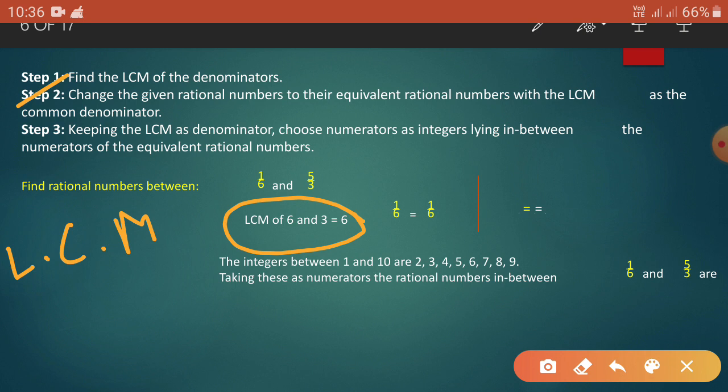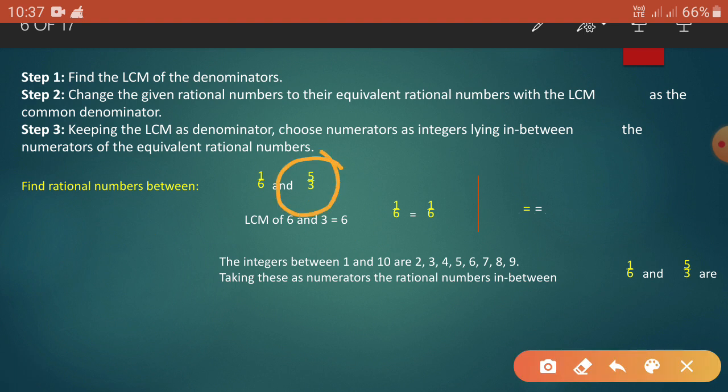Now the second step is to change the given rational numbers to their equivalent rational numbers with the LCM as common denominator. The first one is 1 by 6. Here the denominator is 6, which is equal to the LCM. But in the other rational number, 5 by 3, the denominator is 3 but the LCM is 6, so we have to make an equivalent fraction with the common denominator.